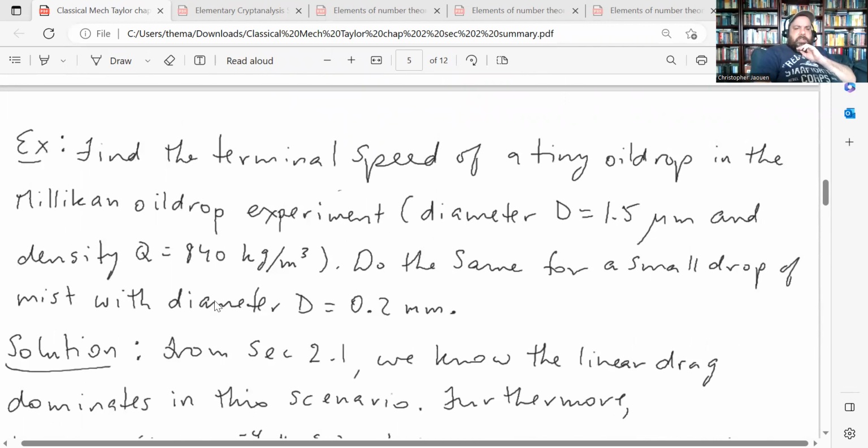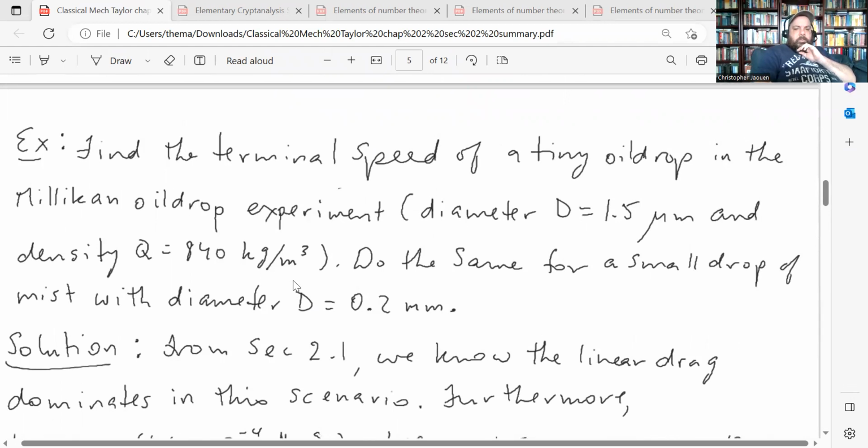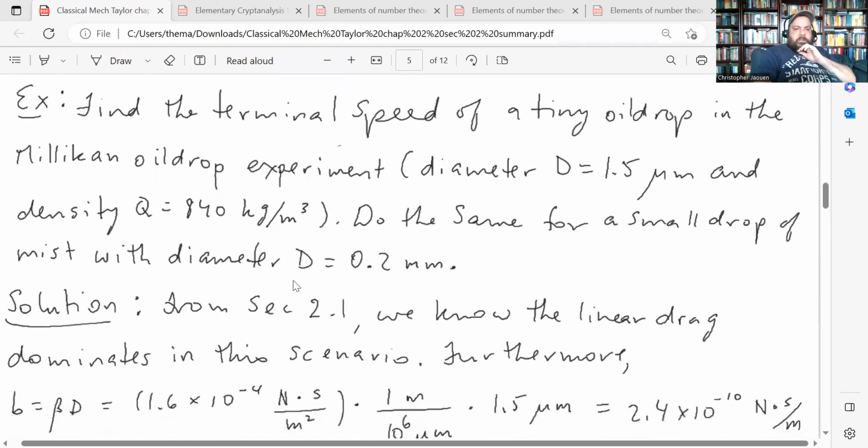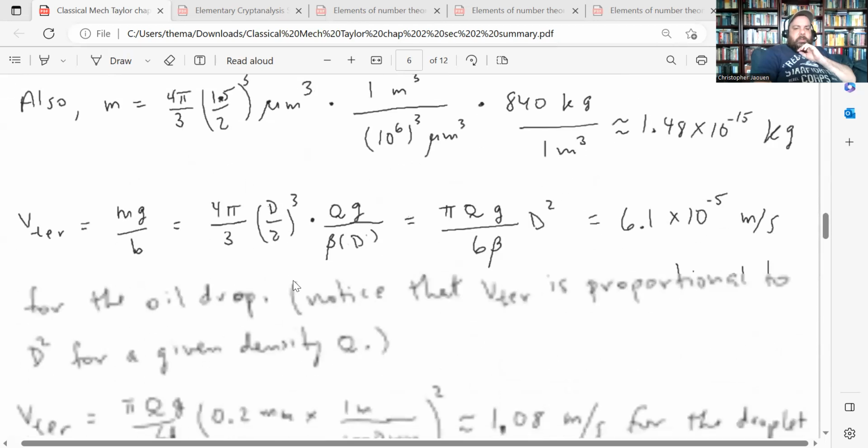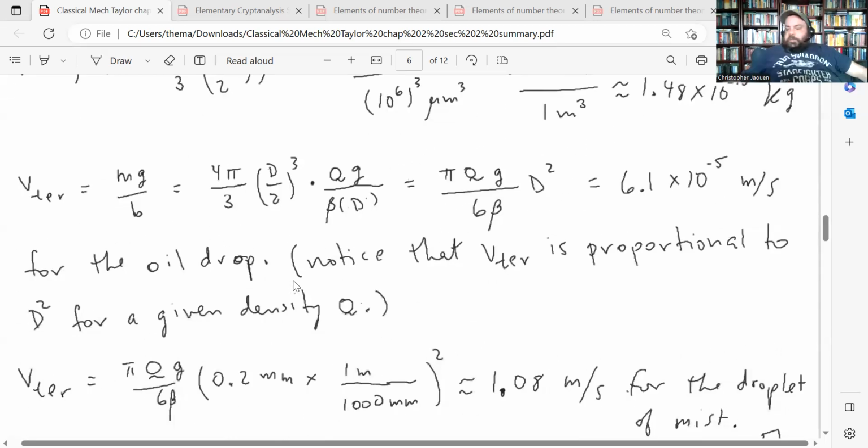I used the same density for the oil drop here for the second part, but I'll have to fix that in the description bar below. So here, let me just show you what I mean. I just realized this mistake. So over here, this Q, I used the 840 kilograms per meter cubed, but this is for an oil drop.